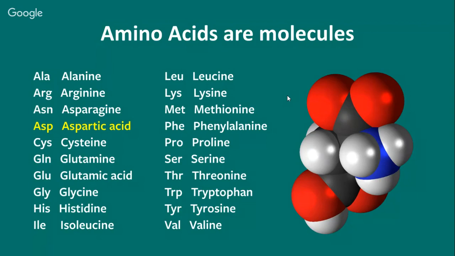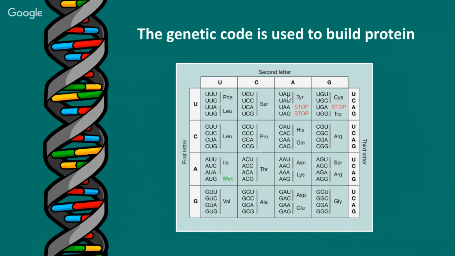So here we have codes on top of codes, because when you're looking at the genetic code, here is the genetic code right here, the key to the genetic code. You see down here in the bottom, we have ASP right here. That's for aspartic acid.